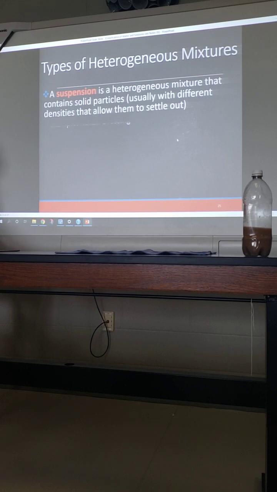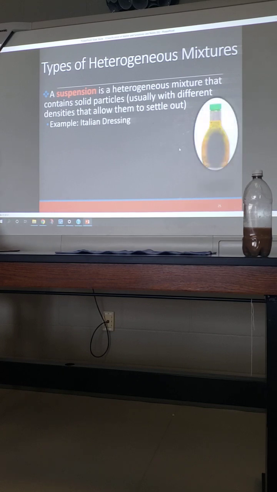It could be like Italian salad dressing, where you have the oil and the vinegar, and then you have the chunks of the vegetables and garlic and stuff. So you have liquid and solid. So this one needs mixed up, obviously. The oil's at the top, so the different densities are kind of settled. But you can see the solids suspended in that vinegar.